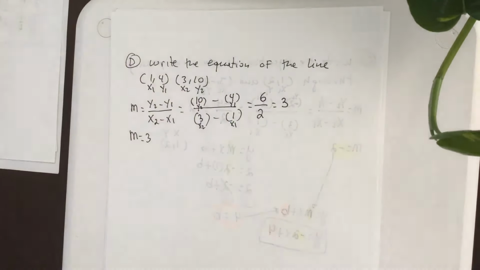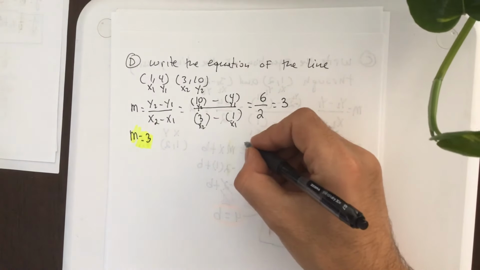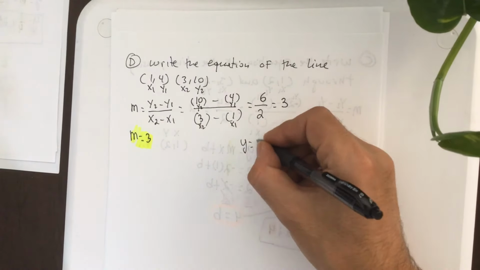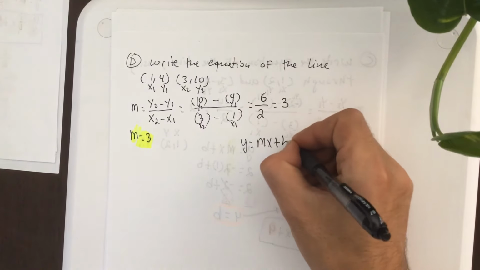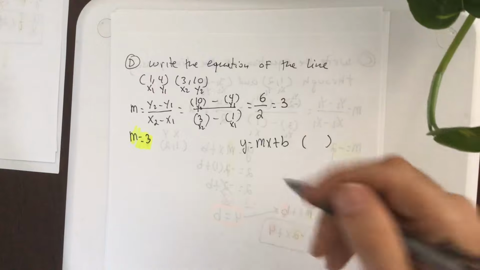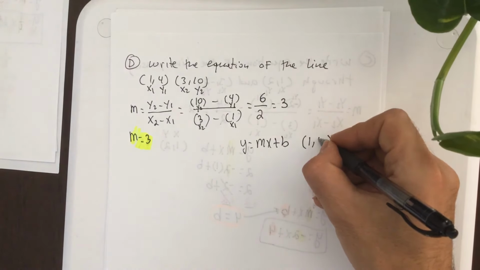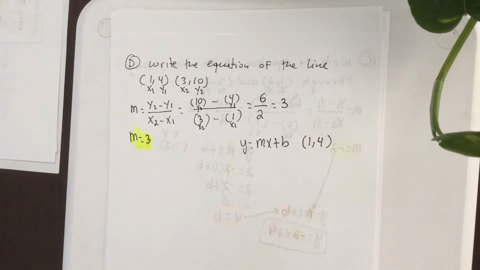Need the y-intercept. I got y equals mx plus b, slope intercept form. I'm going to choose one of the points. I'm going to choose the (1, 4). Doesn't matter. You could have chosen (3, 10). (1, 4) is, I think, easy. Smaller numbers.